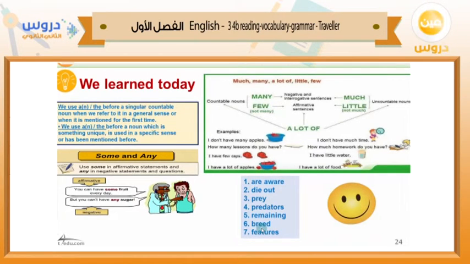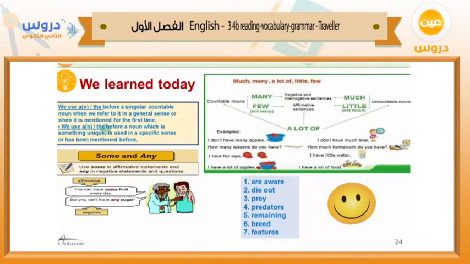So this is what we did today. Let's try to wrap up. We learned today that we use the articles a or an or the. A and an go before a singular countable noun when we refer to it in a general sense or when it's mentioned for the first time.